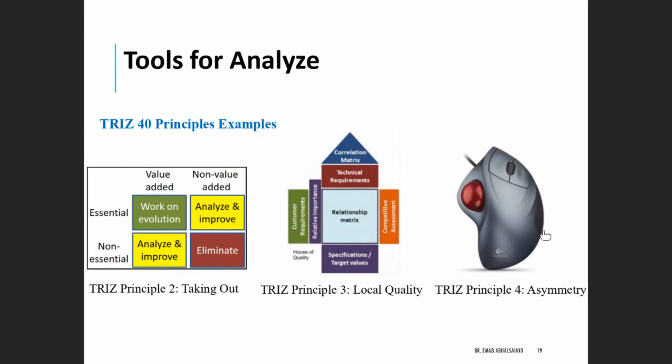But when they use asymmetry, which is the opposite of symmetry, they come up with this mouse that does not use a symmetrical concept, which uses the principle that is the opposite of symmetrical, in a way that gives a more ergonomic design for the mouse, because here the trackball, the red one, you use it to move the pointer.